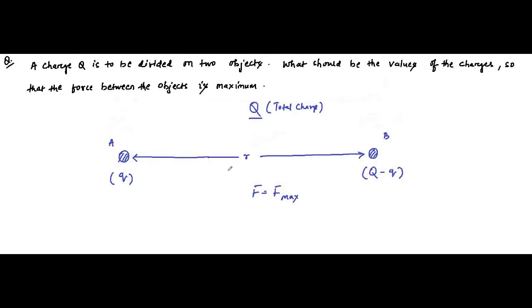Now the electrostatic force between object A and B as per Coulomb's law is 1 by 4 pi epsilon 0 QA QB by R square, which is equal to 1 by 4 pi epsilon 0 small q multiplied with capital Q minus small q by R square.